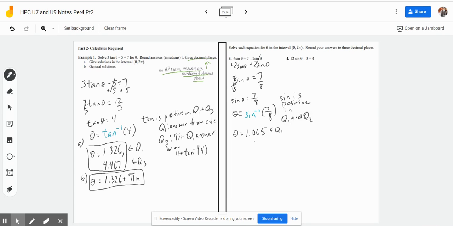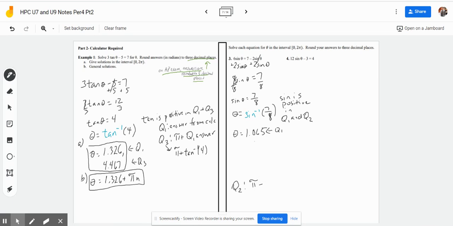To find the value in quadrant 2, this is our reference angle, the quadrant 1 value, 1.065. To find our answer in quadrant 2, let me write it underneath here so we have a little bit of room. The quadrant 2 solution would be found by subtracting our answer in quadrant 1 from pi.